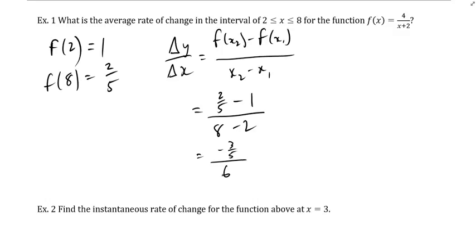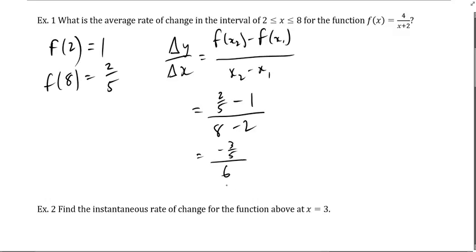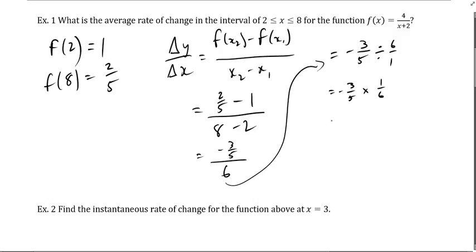It's worthwhile. You could do this on your calculator for sure, but it's worthwhile for what's coming next to take a look at, and I wouldn't normally show this step, but how would you actually do this division? Negative 3 over 5 divided by 6 over 1 is negative 3 over 5 times 1 over 6. So it's negative 3 over 5 times 6, which is 30, negative 1 over 10.